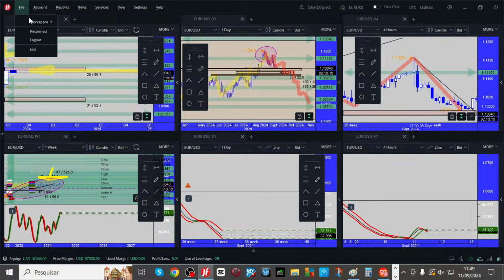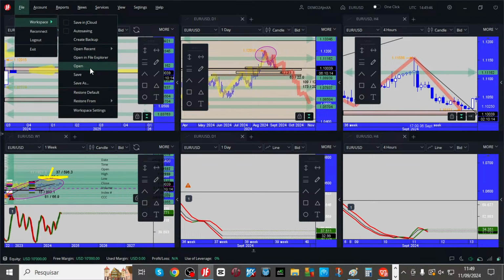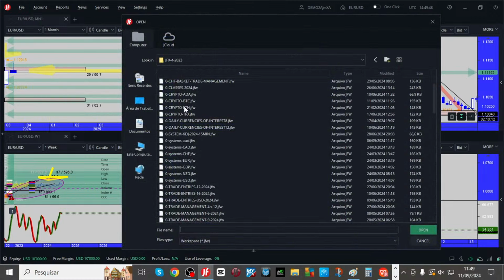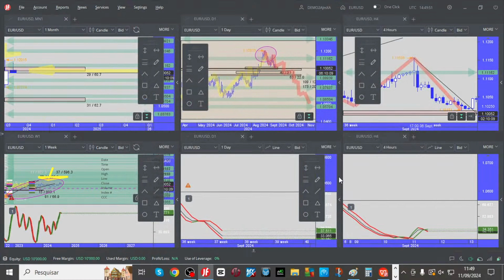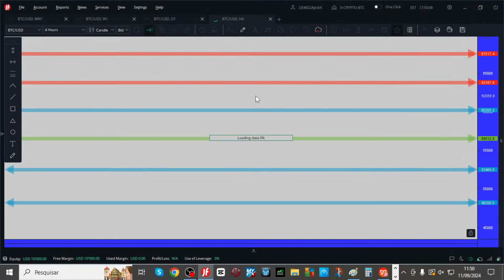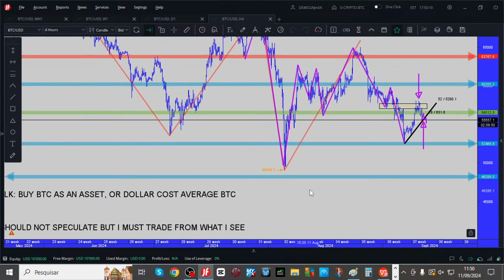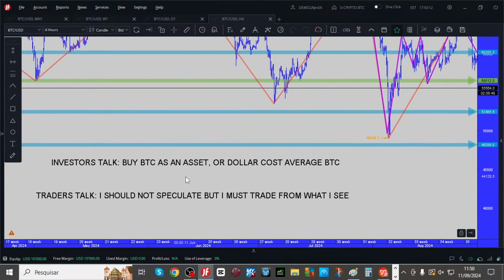And that's the difference between an investor and a trader. Give me a second, it's going to appear. That's the difference, everybody.